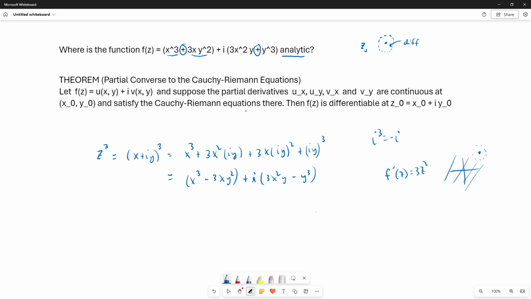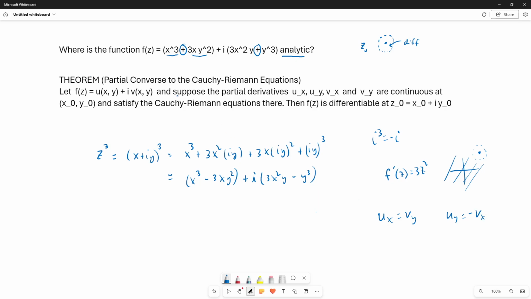So to determine where this function is differentiable, we will use a theorem that we had in the previous section. It's a partial converse to the Cauchy-Riemann equations. The Cauchy-Riemann equations say that if a function is differentiable, then u sub x equals v sub y, and u sub y equals negative v sub x.